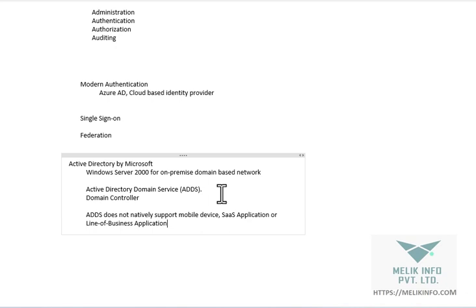So Azure AD is cloud based, as I have already defined. It's a cloud based identity provider.